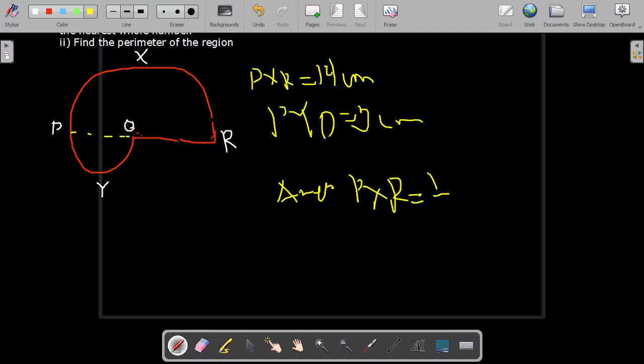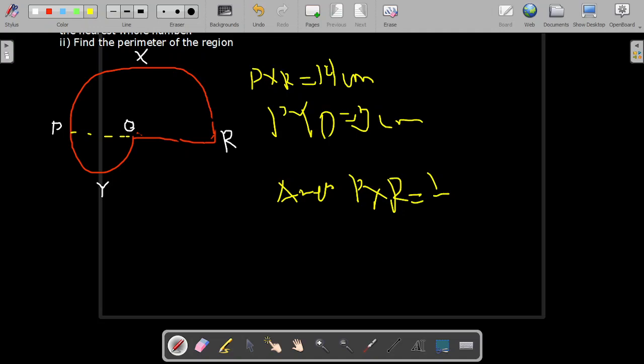Therefore we have 1 over 2 times 22 over 7, which is the pi, times the radius square. We are not given the value of the radius, so how do we obtain the radius of the circle?